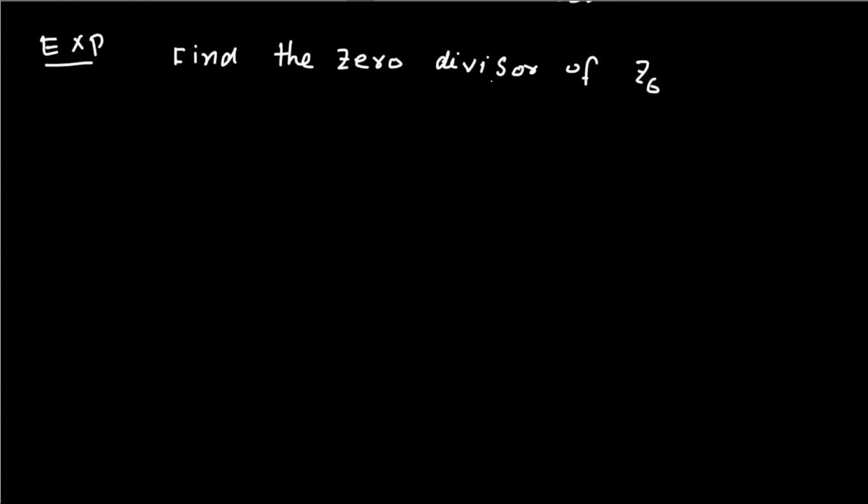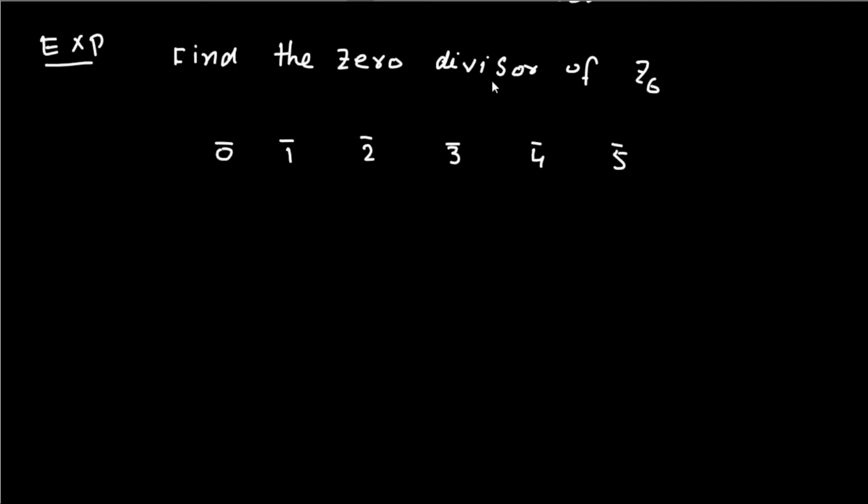When we talk about Z6, first of all our mind goes to the elements of Z6. So what are the elements in Z6? The elements in Z6 are 0, 1, 2, 3, 4, 5.